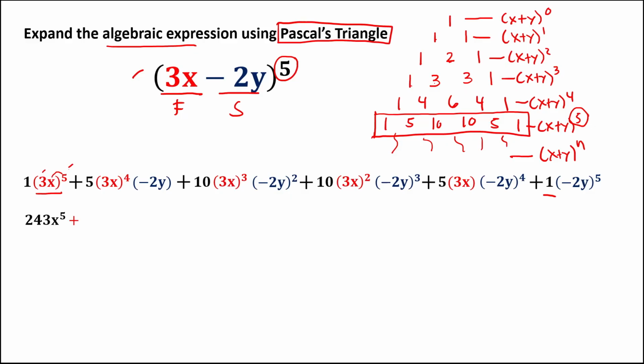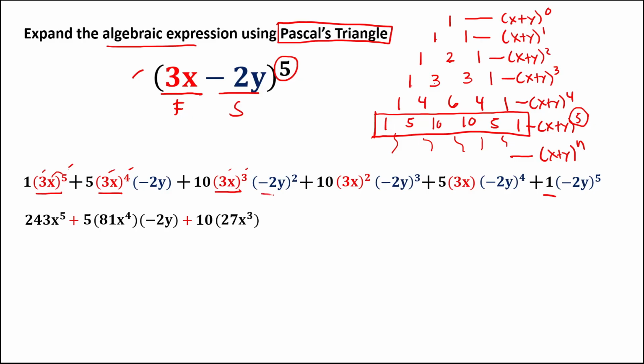Then plus, we have 5 times 3x to the power 4. So 3 to the power 4, that's 81, then x to the power 4. Then bring down this negative 2y. Then plus, bring down 10, and this 3x to the power 3.